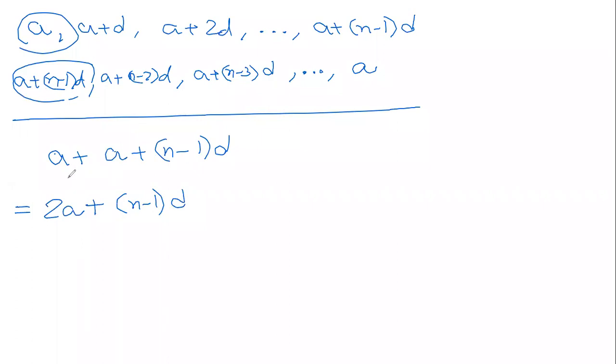Now you tell me how many such numbers are there? Like Akhilesh and Rajesh said last time, there were 101s. How many 2a plus n minus 1 D are there here now? How many are there? Very good.